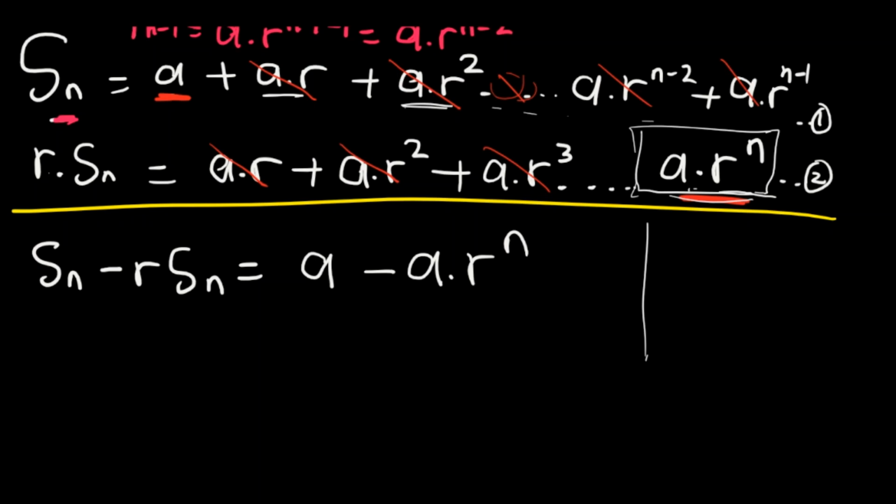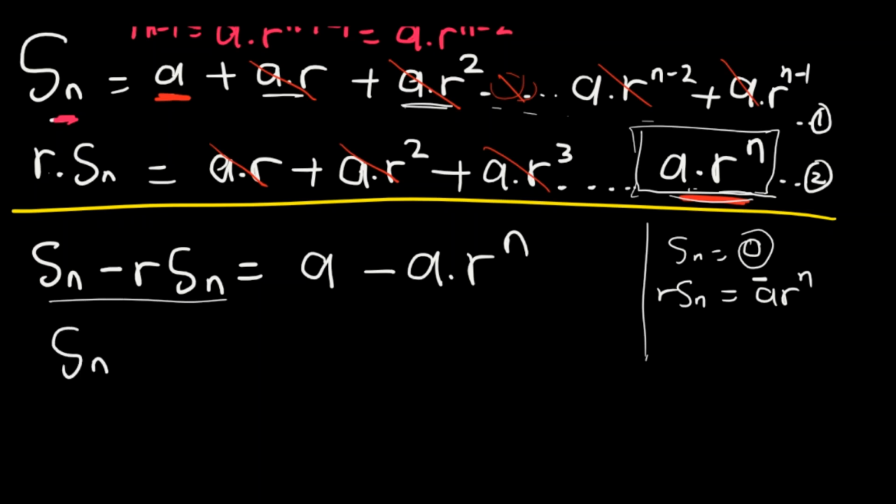I hope I'm making sense. What I mean is, at Sn it is going to be 0, right? And then at r Sn it is going to be a r to the power of n. So that's 0 minus a r to the power of n. Hence, you're going to get a negative a r to the power of n. So having this, we can factorize Sn, so it's going to be 1 minus r, close bracket, equal to, here we can factorize a.